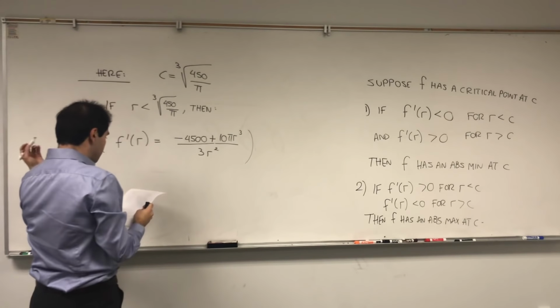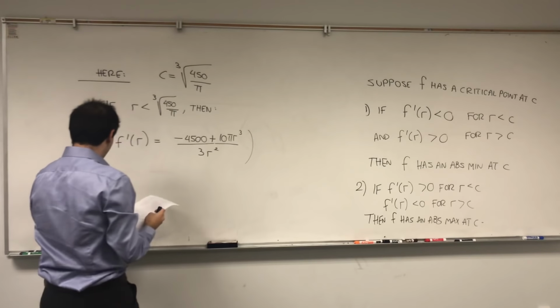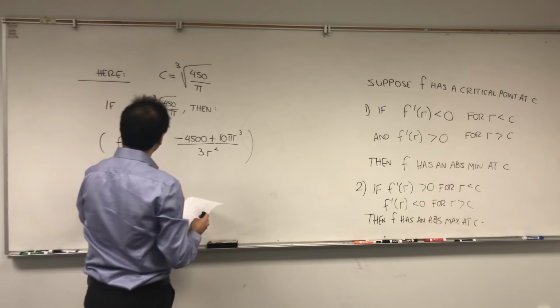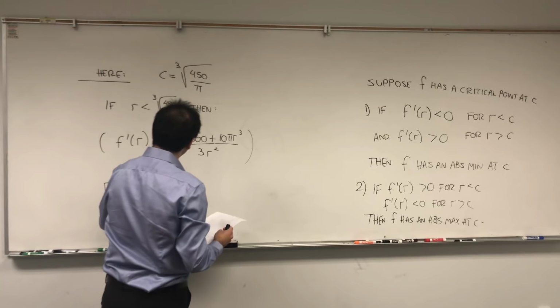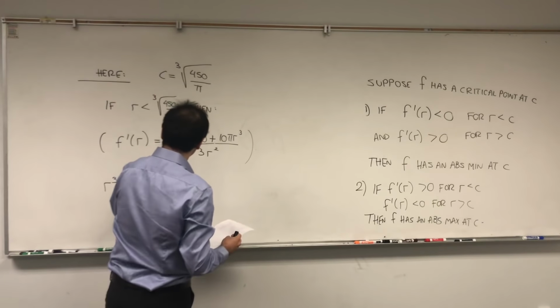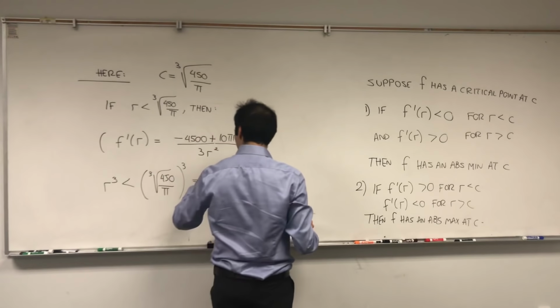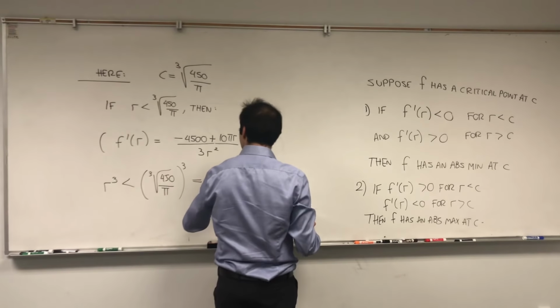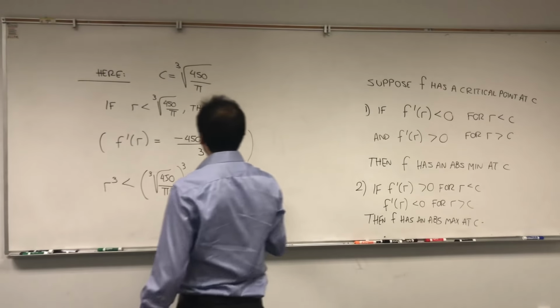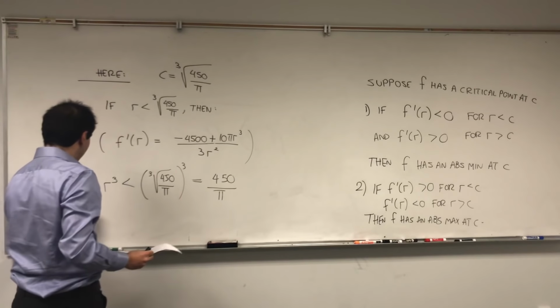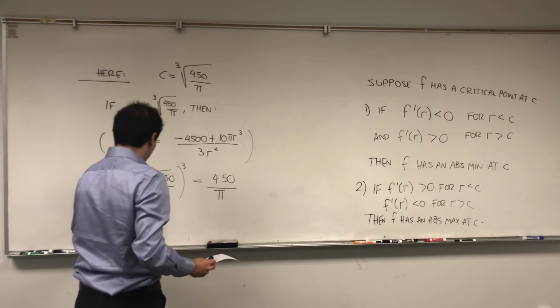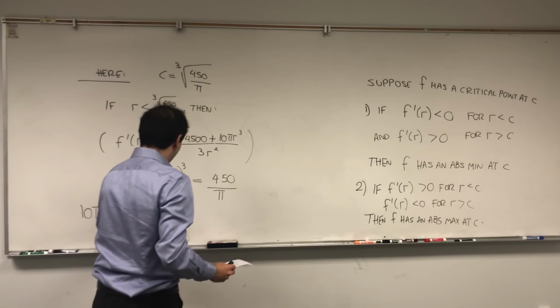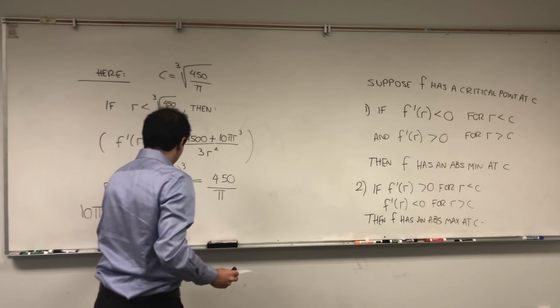So then cube r, so r cubed is less than this thing, cube root of 450 over pi cubed. So, and then cube, which becomes 450 over pi. So then 10 pi r cubed is less than 10 pi times 450 over pi.